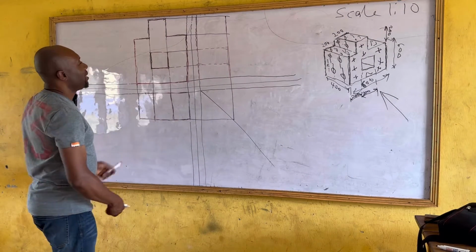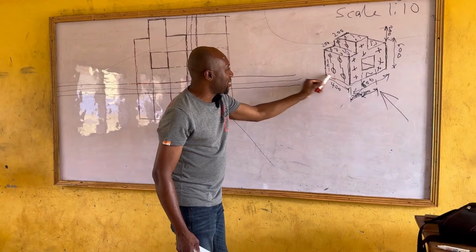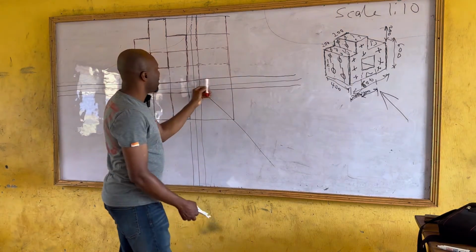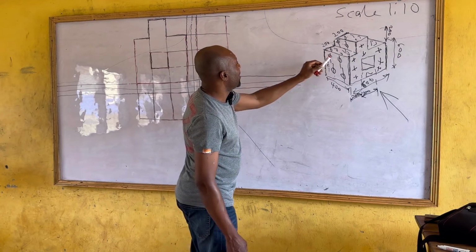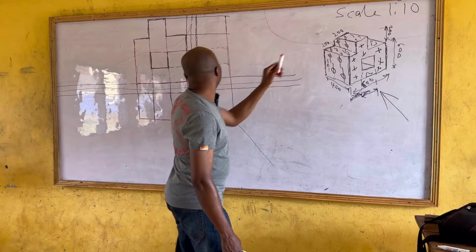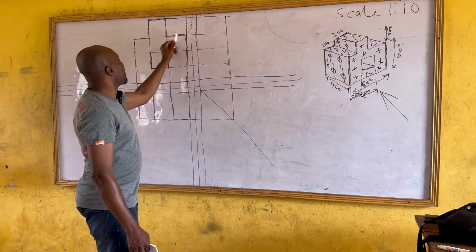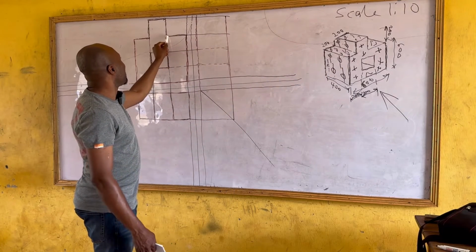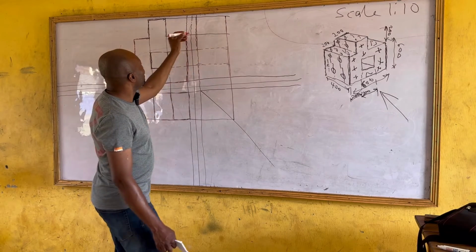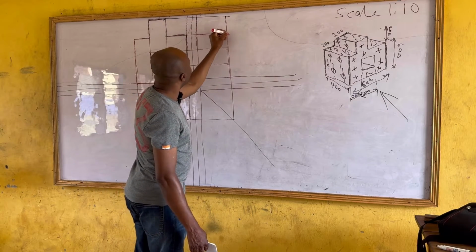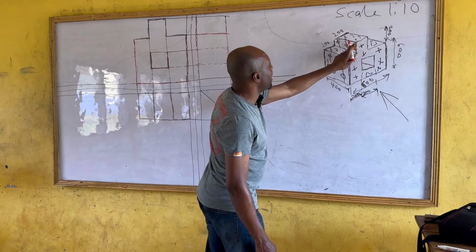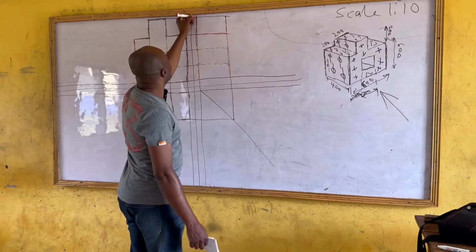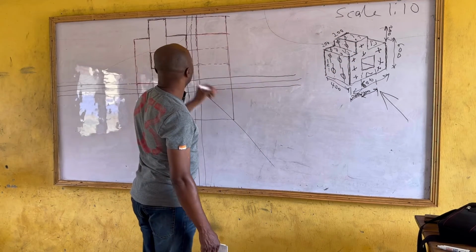Then we have, as I told you, this, that is the base, which is here. Then we have this line. From this, it helps you look at this side, which is here. So we have this line here. So you join this line. Then the last, which is this one, you join this.